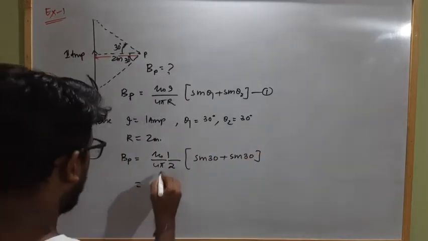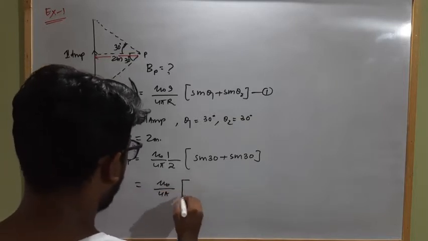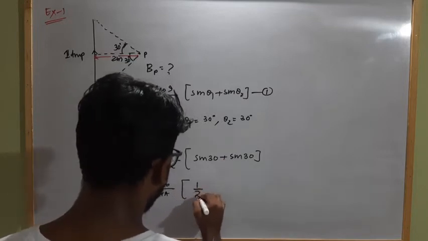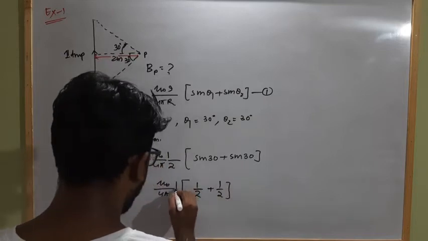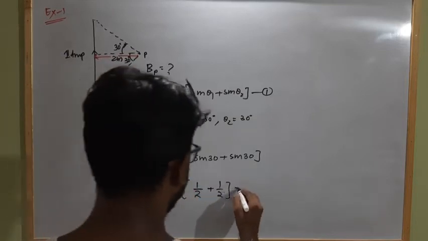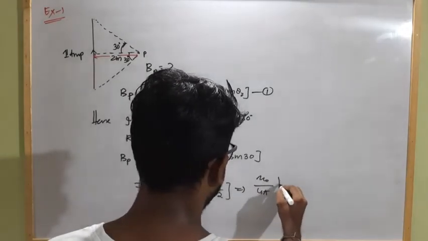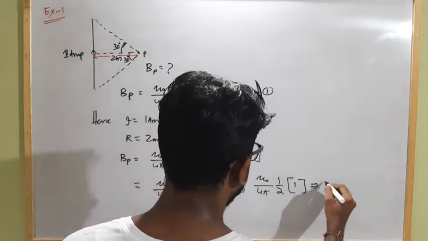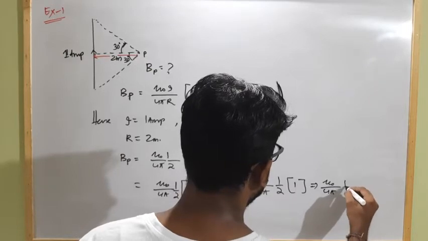This can be written as mu naught by 4 pi into 1 by 2 into (1 by 2 plus 1 by 2), that is 1. So this will become mu naught by 4 pi into 1 by 2.